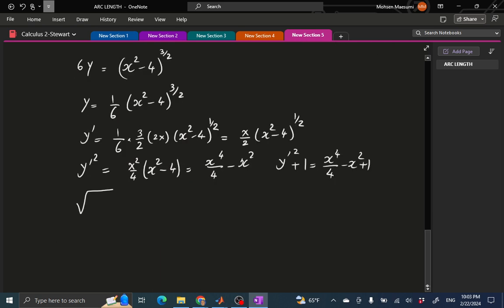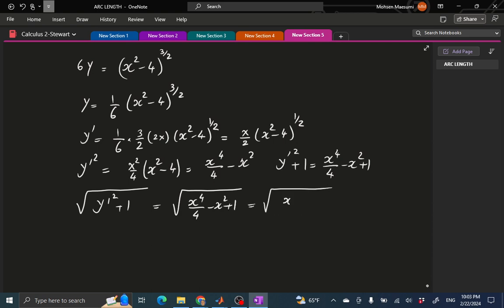Now I need to take the square root of this. Y prime squared plus 1 is the square root of x to the power of 4 over 4 minus x^2 plus 1, and that is (x^2 over 2 minus 1) squared. Check that this is the same as that, because the first item squared is x^4 over 4, 1 squared is just 1, and twice the first times the second is that expression.